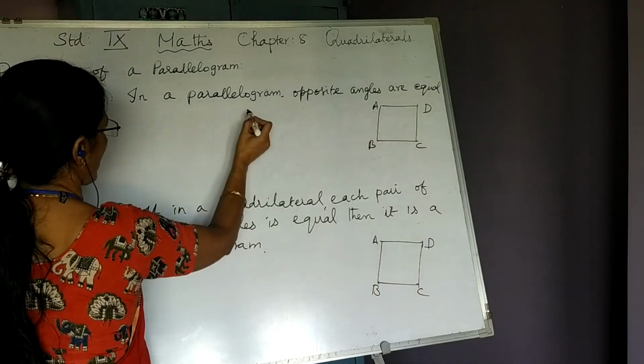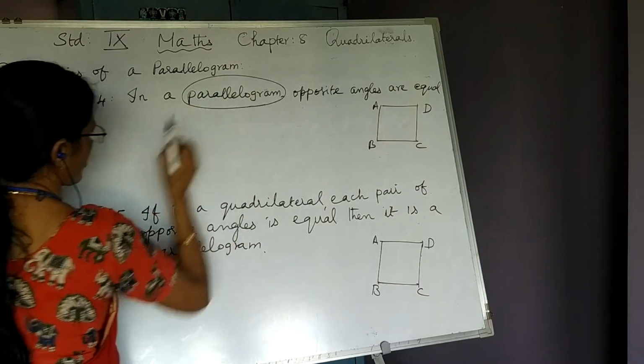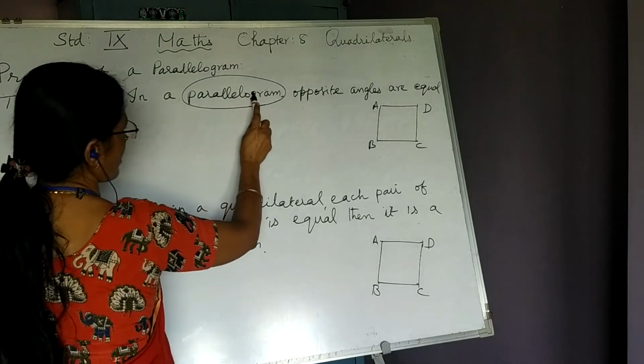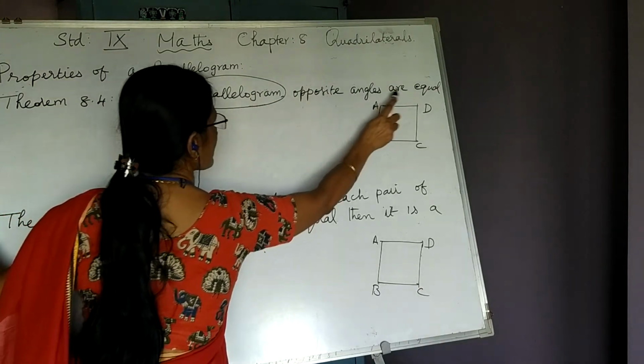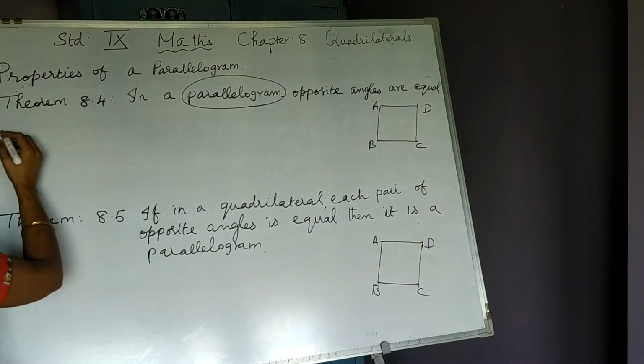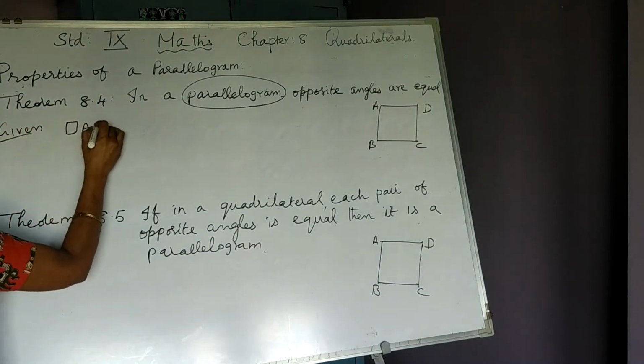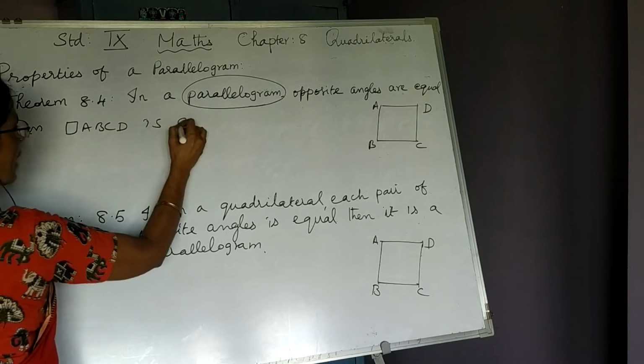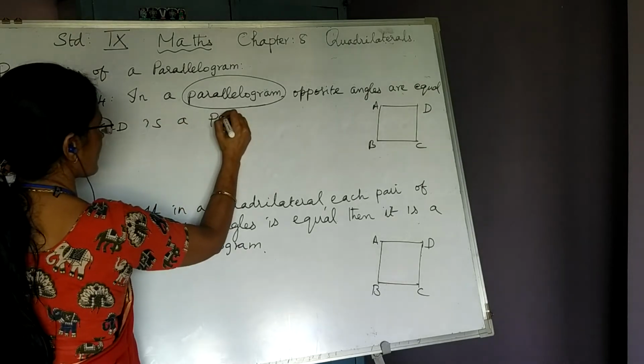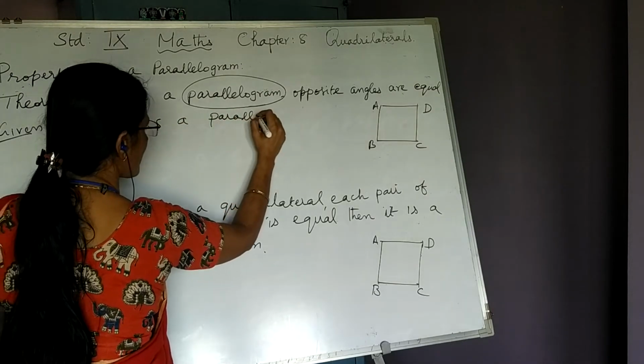In a parallelogram, so we are given it is a parallelogram. If it is a parallelogram, then its opposite angles are equal. So what is given? Given ABCD is a parallelogram. And what does the statement say?